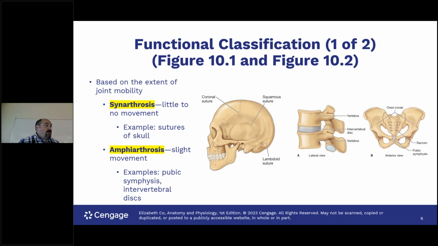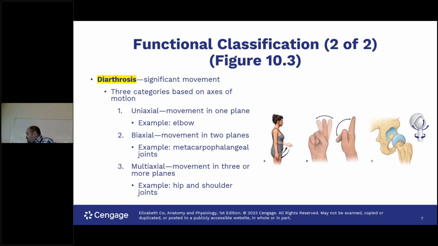So the sutures of the skull, little to no movement. And amphiarthrosis, there's just a little bit of movement going on there. So the pubic symphysis and intervertebral disc are considered amphiarthroses.